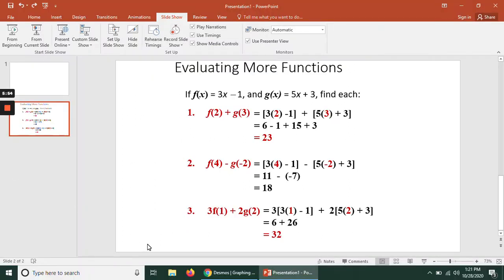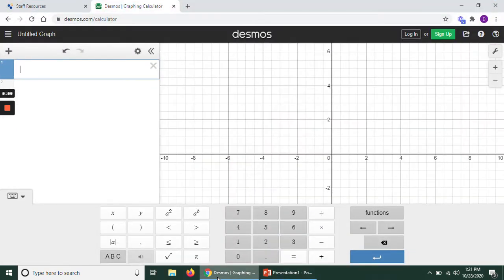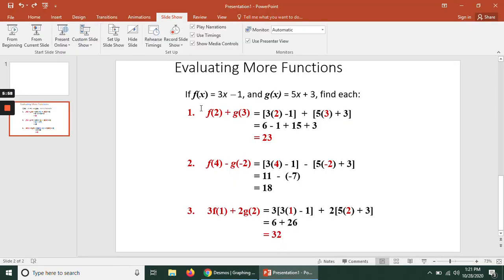I'm going to go to Desmos. I am going to type f of x is equal to 3x minus 1.